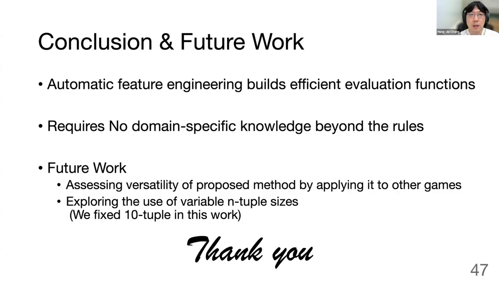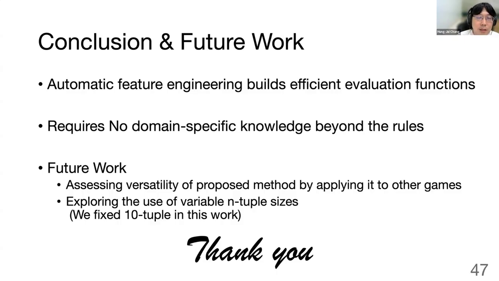So let me ask one. Those n-tuples are generated by your genetic algorithm process. So it looks like we cannot ensure which region and how many tuples will be selected. Of course, we can control the number of tuples, but it looks like we cannot control the corresponding region chosen by your genetic algorithm.